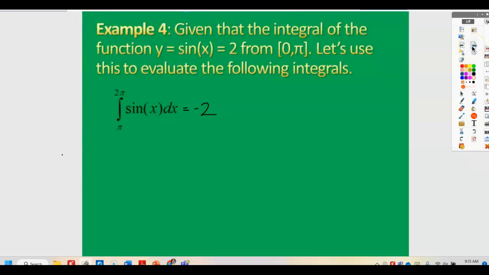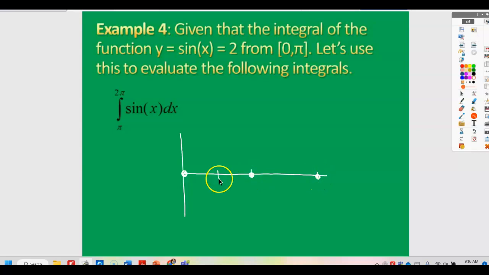Now the next one I really enjoyed. For this one, we're going to look at the sine curve from 0 to 2 pi. I'm going to draw the sine curve up on here, but then I'm going to translate it to the whiteboard. So think about sine, right? Sine of 0 is, yep, sine of pi is, sine of 2 pi is.